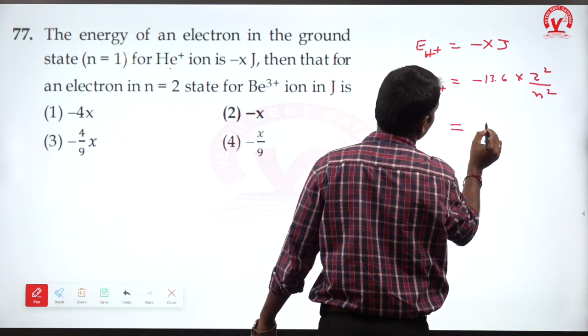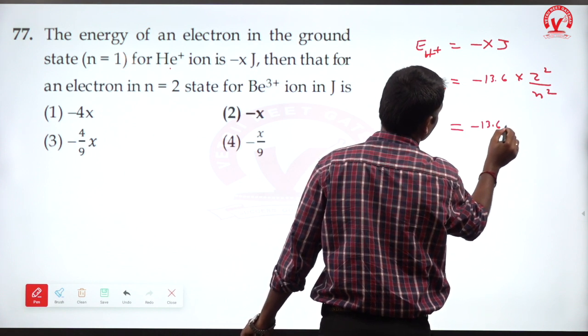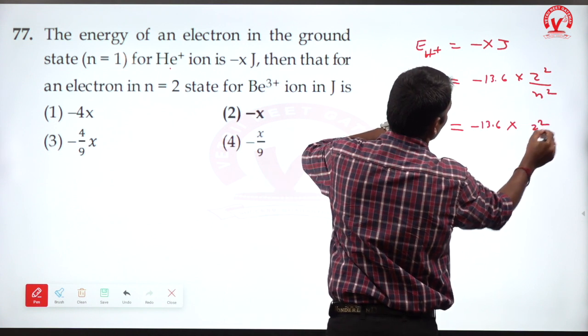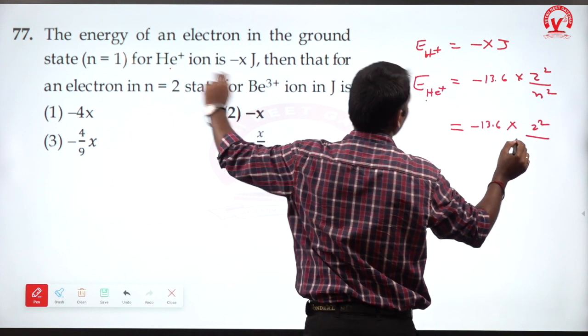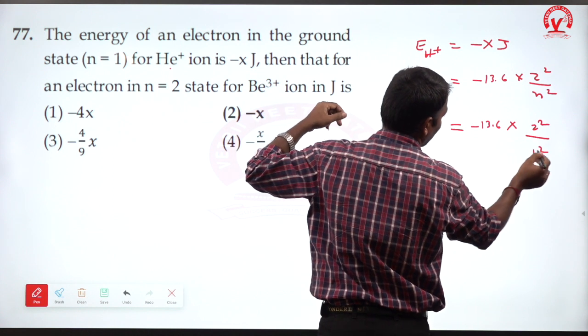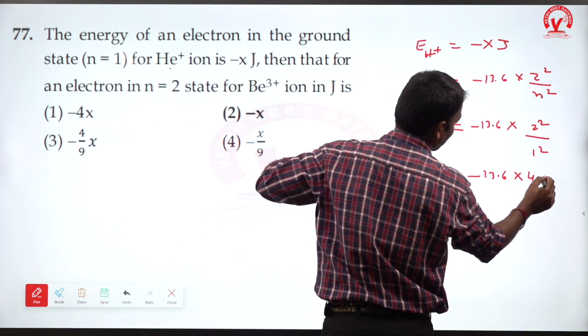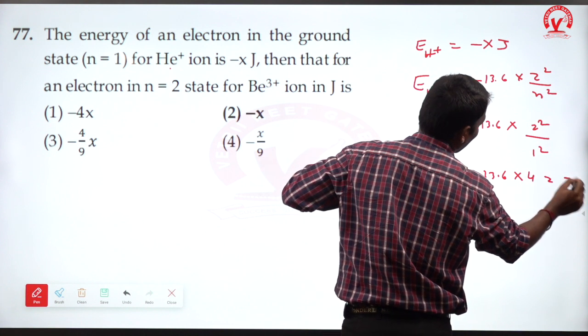So if you substitute here, minus 13.6 into Z value 2 square by n equal to 1, they give 1 square. So from here, minus 13.6 into 4, which is equal to minus x joules.